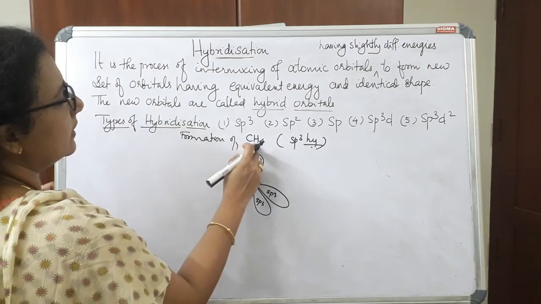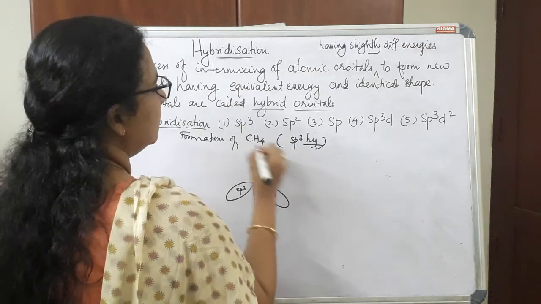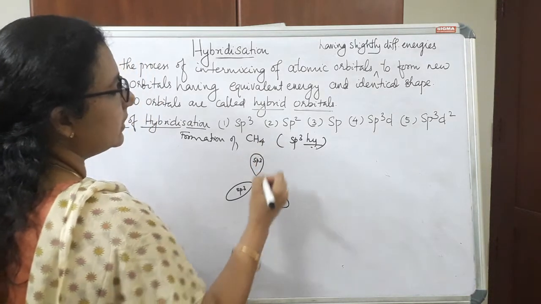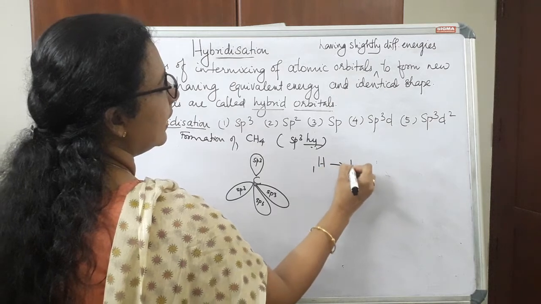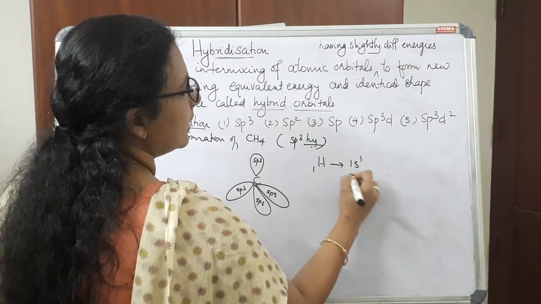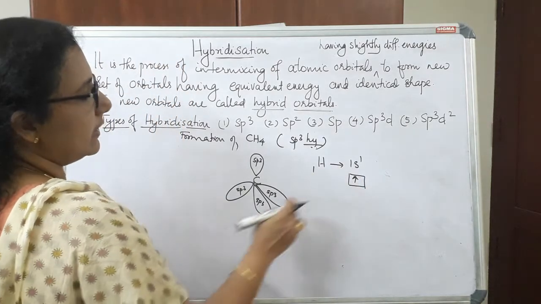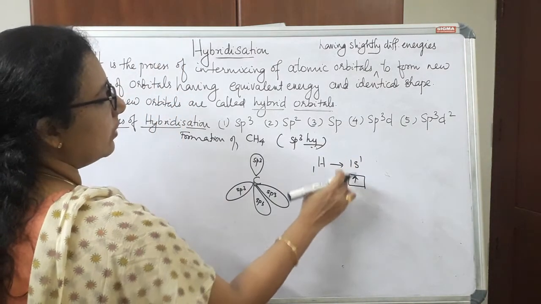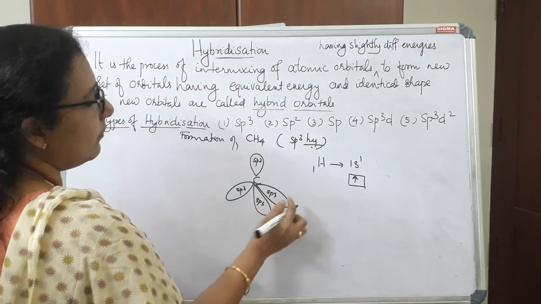Now let us see the bond formation, that is carbon is to be bonded with hydrogen atom. So hydrogen atom is having 1 electron and it is having configuration 1s1. So one electron is in the s orbital of hydrogen atom.